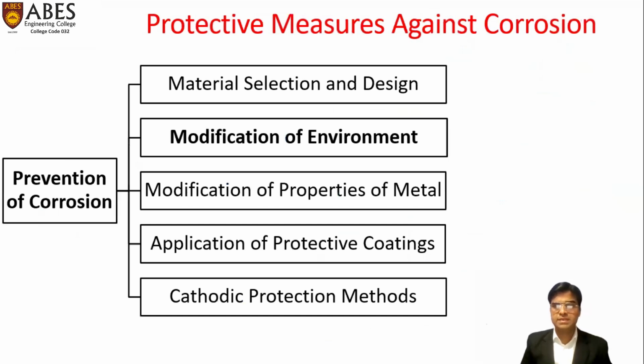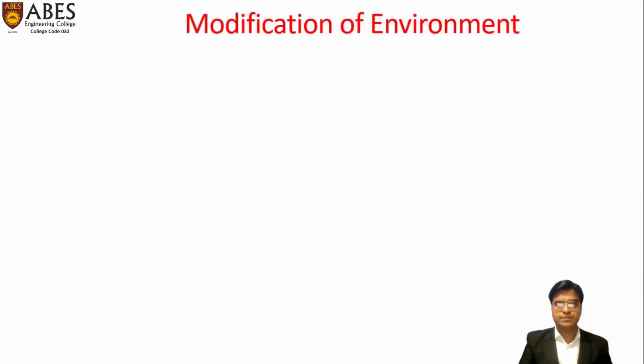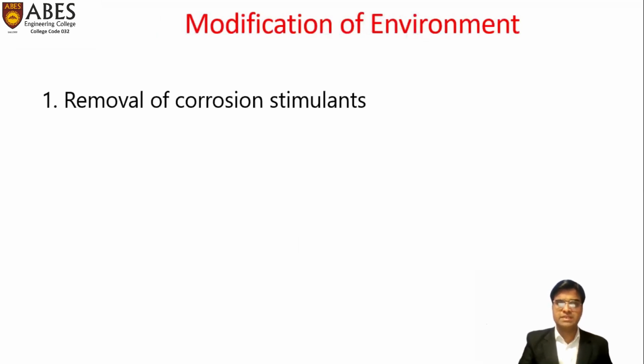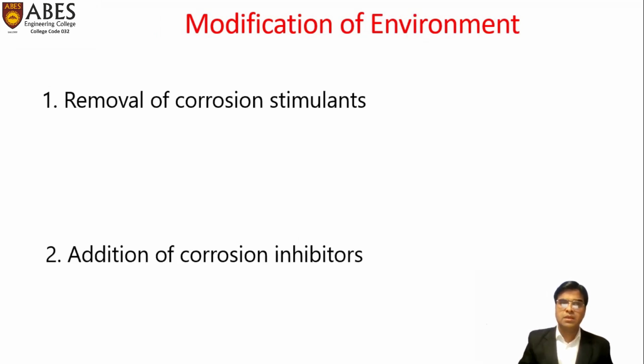Now we shall discuss about the second method, that is the modification of the corroding environment. The modification of the corroding environment can be done in two ways. The first one is removal of corrosion stimulants, and second is the addition of corrosion inhibitors. Corrosion stimulants are those species which cause the corrosion, which promote the corrosion.